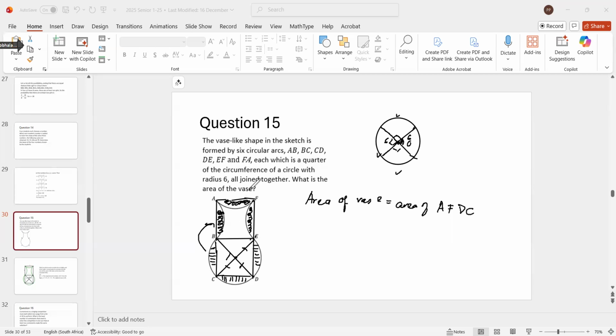Now, the area of the rectangle, let's call this, I'm going to just remove these now, and just retain only the rectangle.